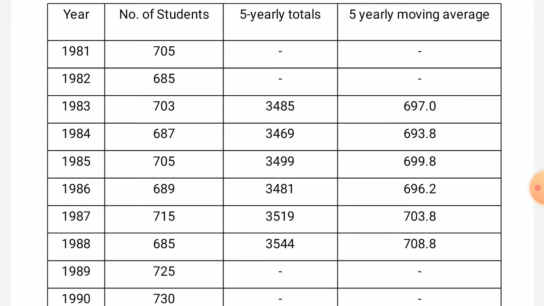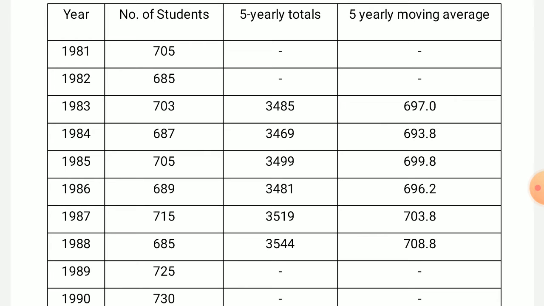And in the third column, first we have to make the total of 5 years, the 5 years total. So first we have to compute the value of the first 5 years, beginning from 1981 to 85.